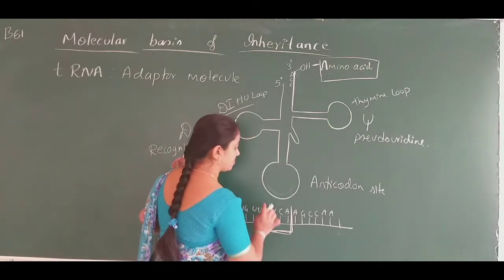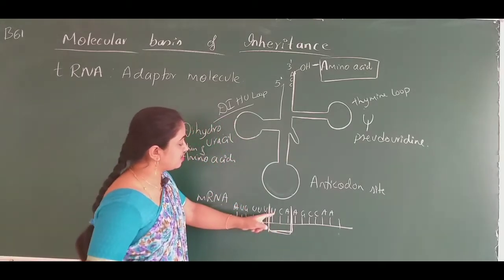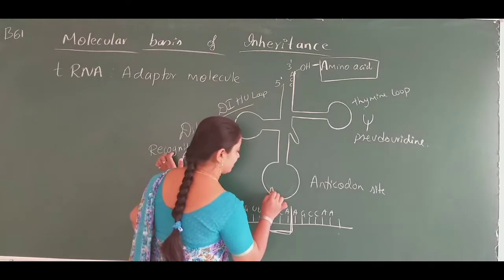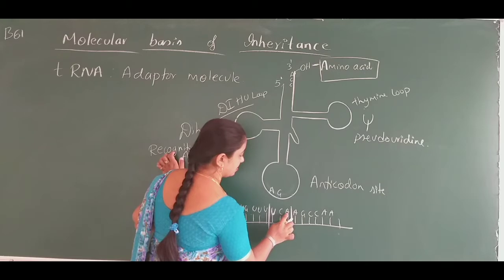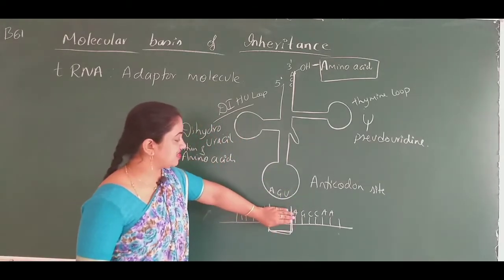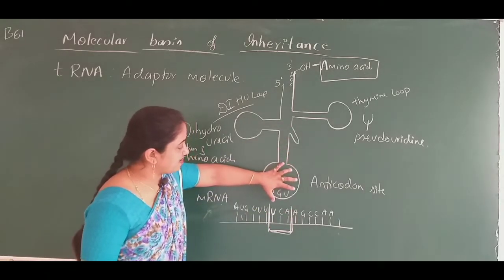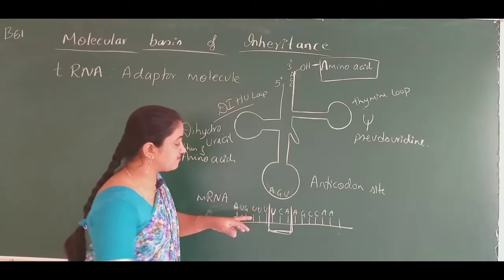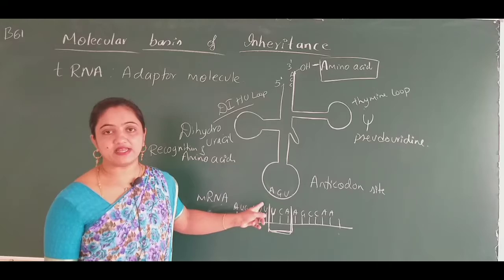It will code the opposite nucleotide sequence: for uracil it is A, for C it is G, for A it is U. Like this, the tRNA anticodon site will code with this mRNA.